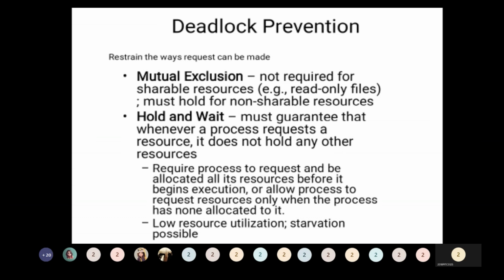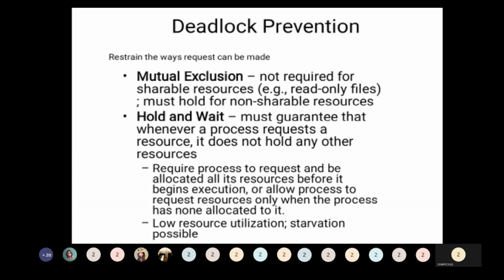Mutual exclusion: not required for shareable resources, must hold for non-shareable resources. Mutual exclusion means one process will be having one resource at any point of time. It is not needed for shareable resources, but it has to hold for non-shareable resources.